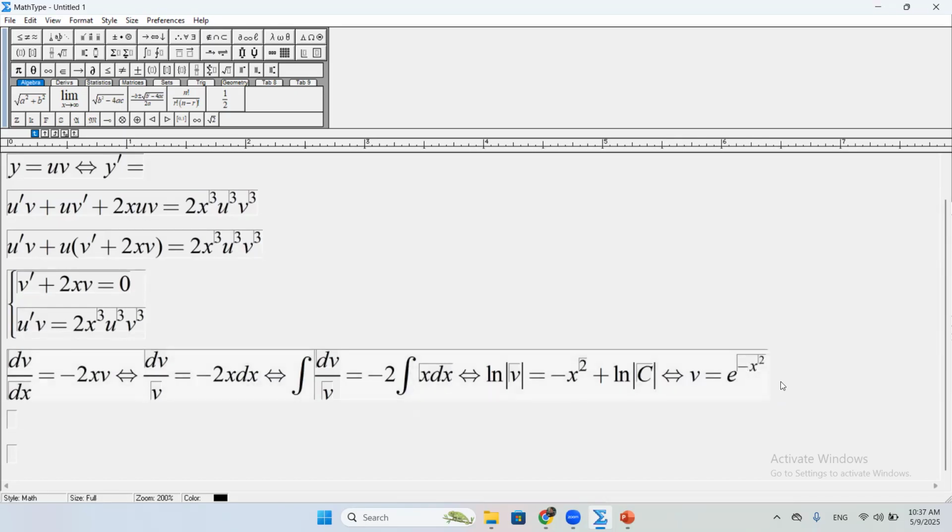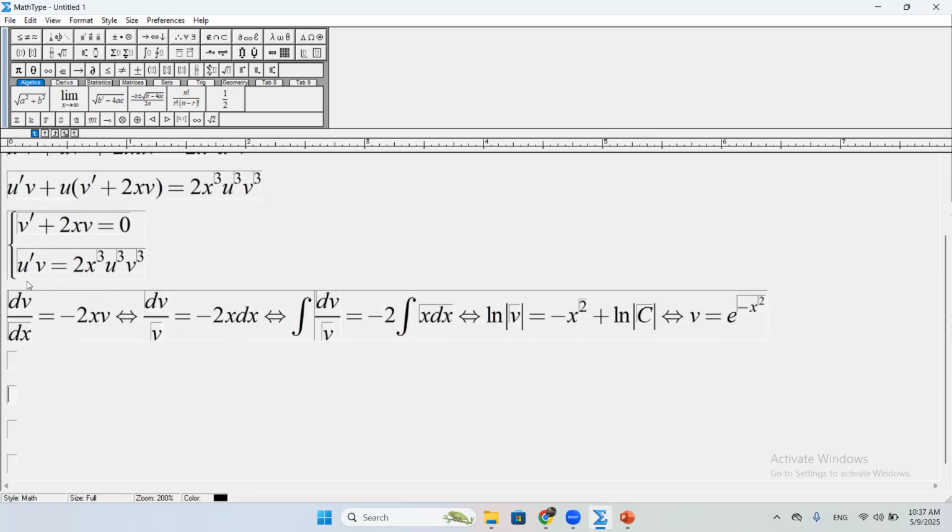And then we found v and now we are finding u. We will substitute everything instead of v into this expression, so we will substitute this exponent instead of v. But first of all, let's also write down du over dx, and here the exponent e to the power of minus x squared, and here e to the power of minus 3x squared.